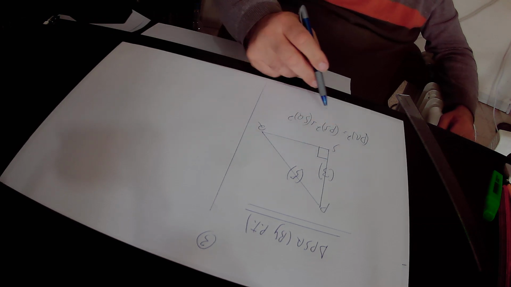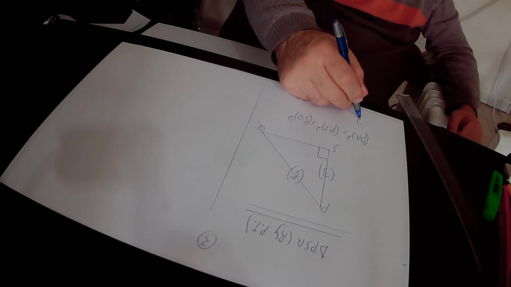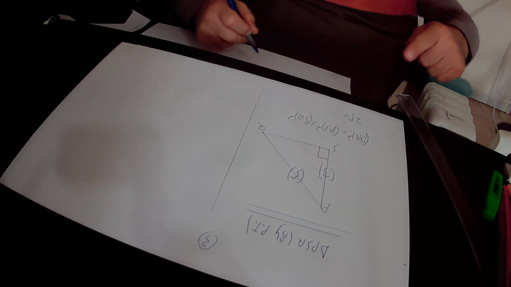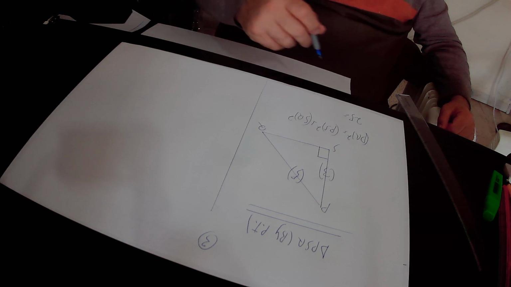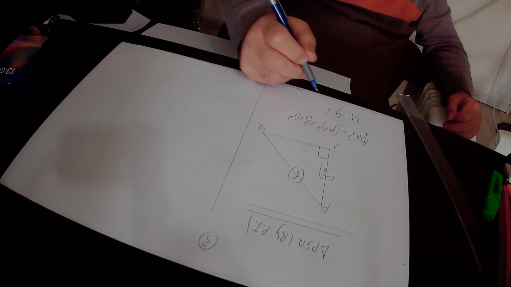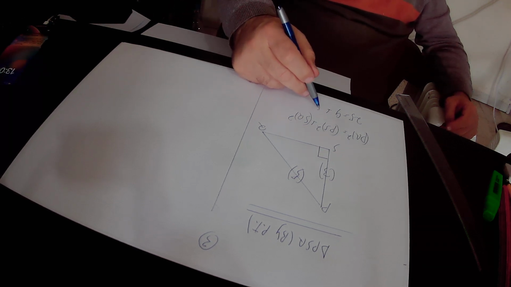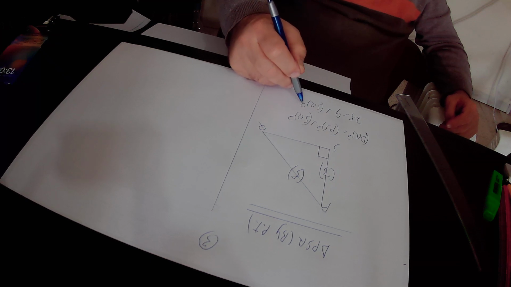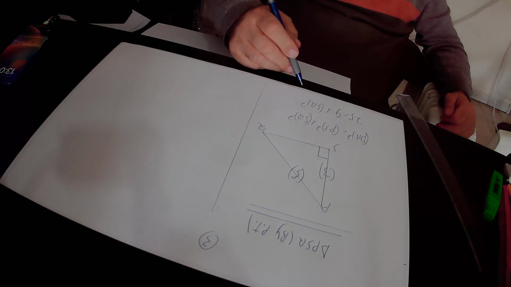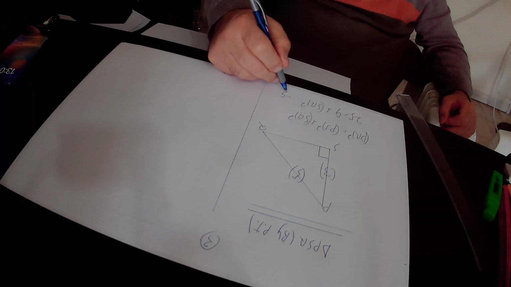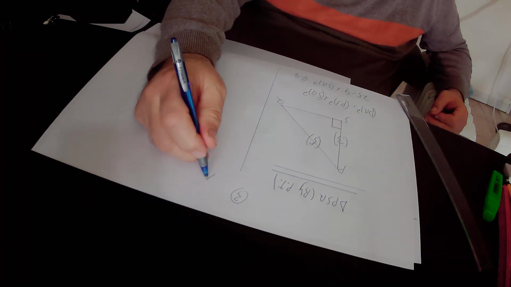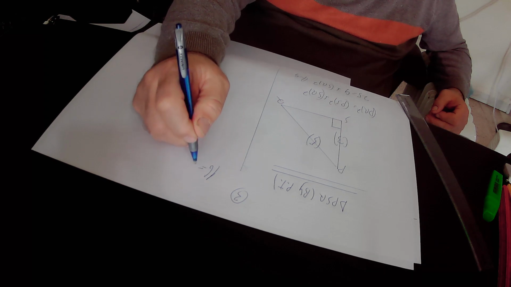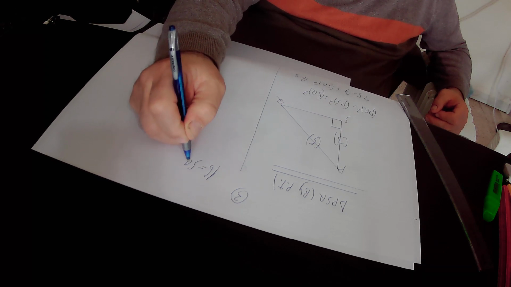PQ is 5, therefore PQ squared is 5 squared, that is 25, and it is equal to PS squared. PS is 3, therefore PS squared is 3 squared, that is 9, plus SQ squared. So 25 equals 9 plus SQ squared. Here we subtract 9 from both sides, and we get that 25 minus 9 is 16, so 16 equals SQ squared.